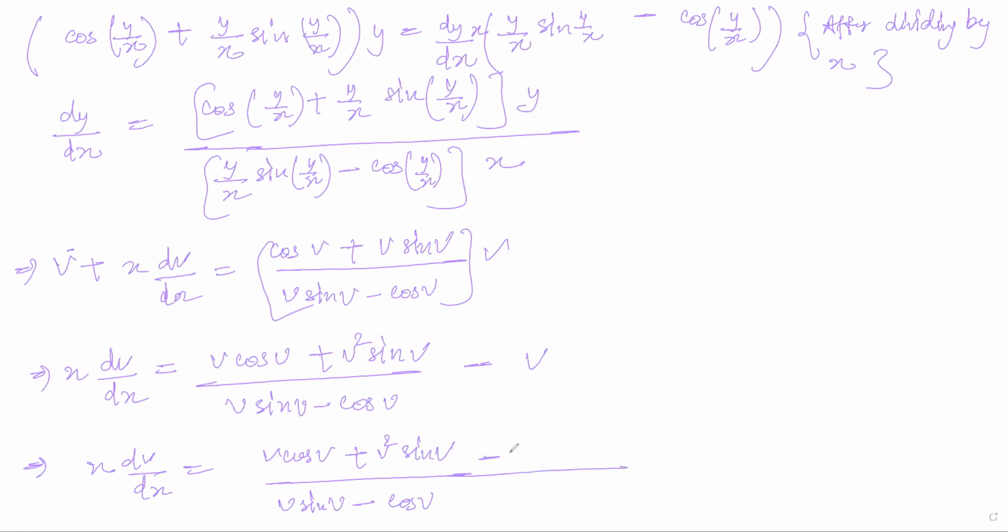This gets multiplied, v square sine v plus v cos v. This gets cancelled out. So this is x into dv by dx is equals to 2v cos v divided by v sine v minus cos v.